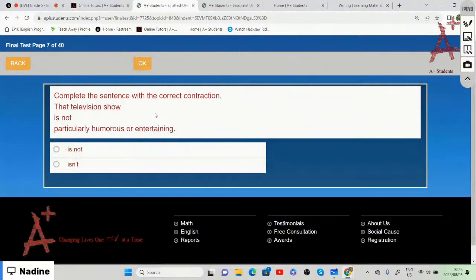And that television show is not particularly humorous and entertaining. Is it is not or isn't? We need to choose the correct contraction.